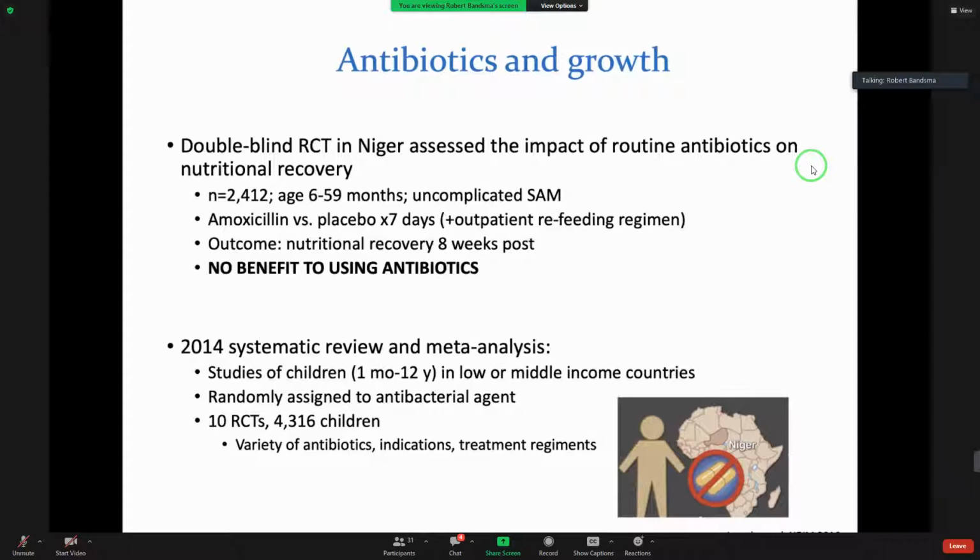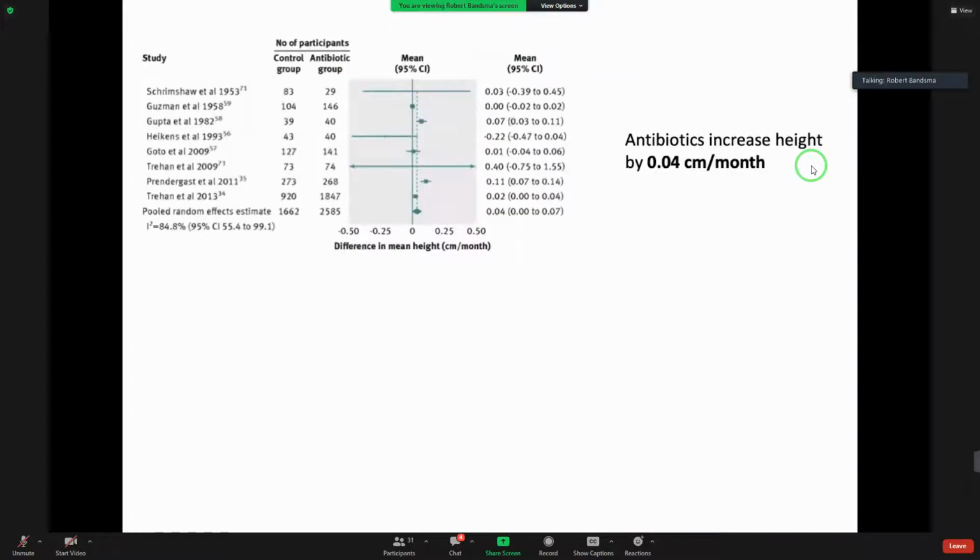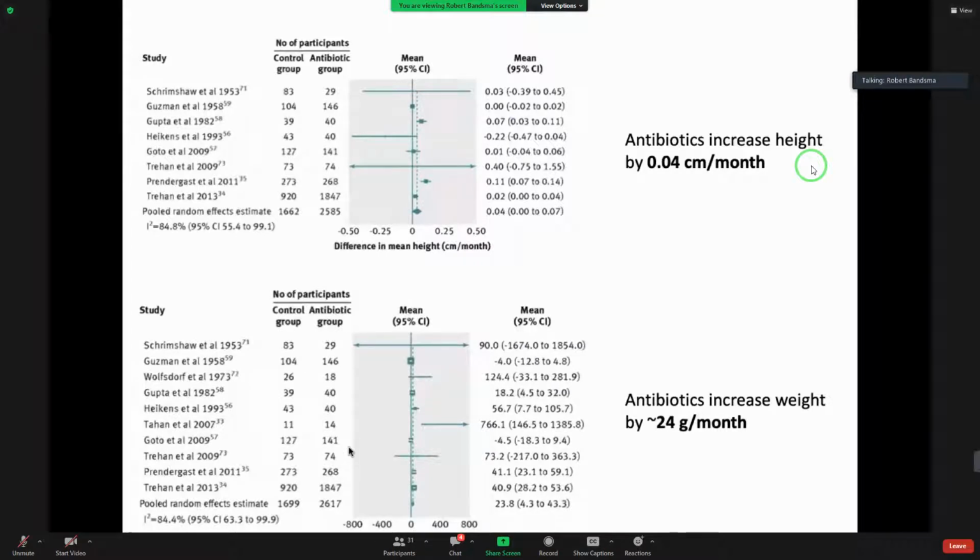And then in a systematic review done in 2014 in low-income countries of other studies that had used antibiotics and looked at growth, the effect was actually quite minimal. Yes, there was potentially an effect, but it was very, very modest. Only 0.04 centimeters per month in terms of height gain after antibiotics, and weight gain was also very limited.